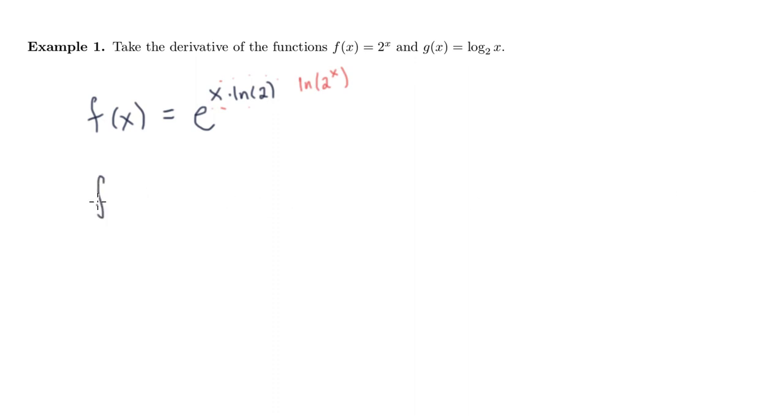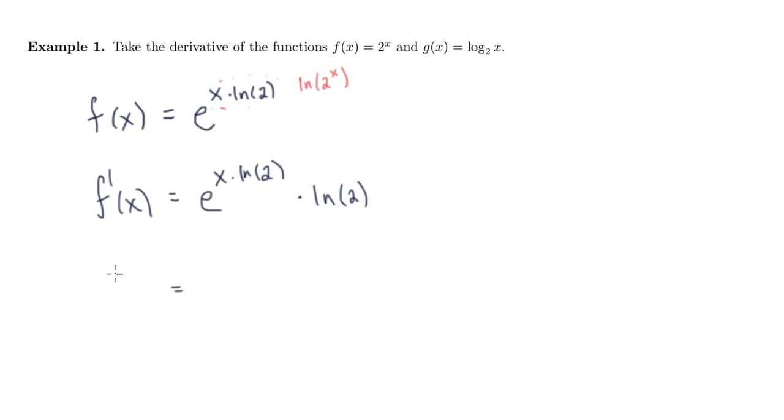And then I can just take the derivative. And the derivative of e to something is e to that same something times the derivative of what's an argument of that something. So that's just natural log of 2.